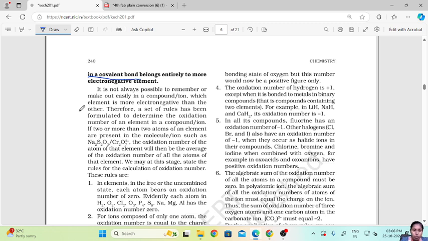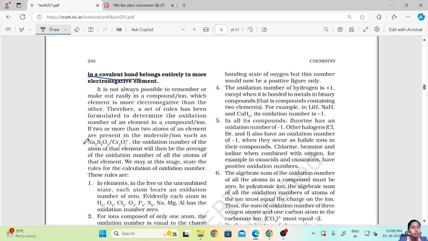If two or more atoms of an element are present in the molecule or ion, such as Na2S2O3 or Cr2O7, the oxidation number of atoms of that element will be the average of the oxidation numbers of all the atoms of the element. If there is only a single atom, whatever oxidation number is there, that is the oxidation number of that atom.